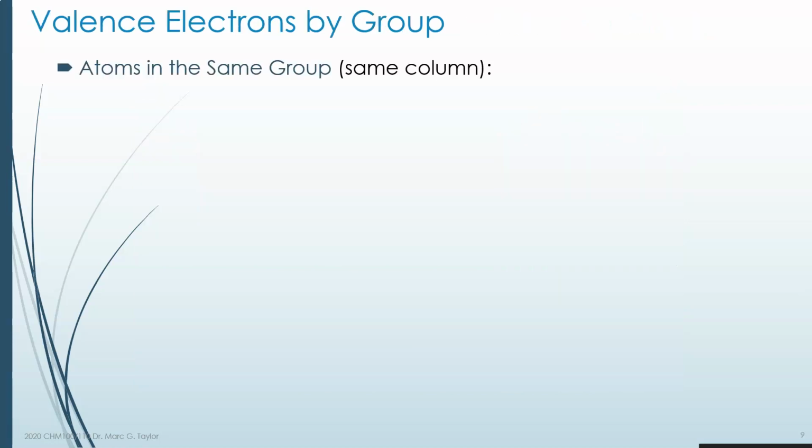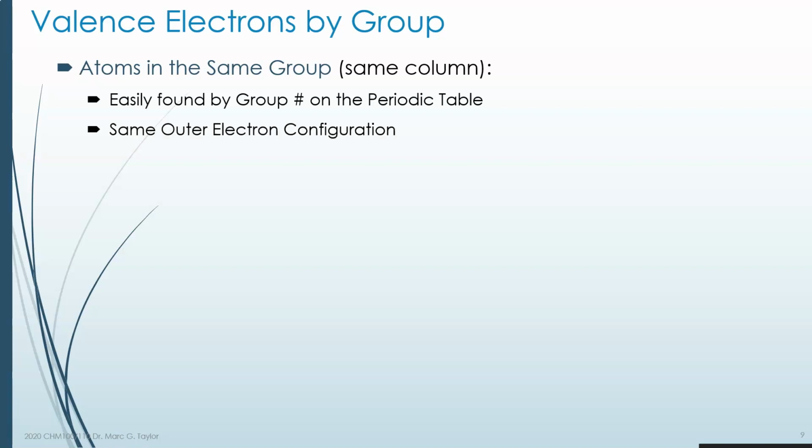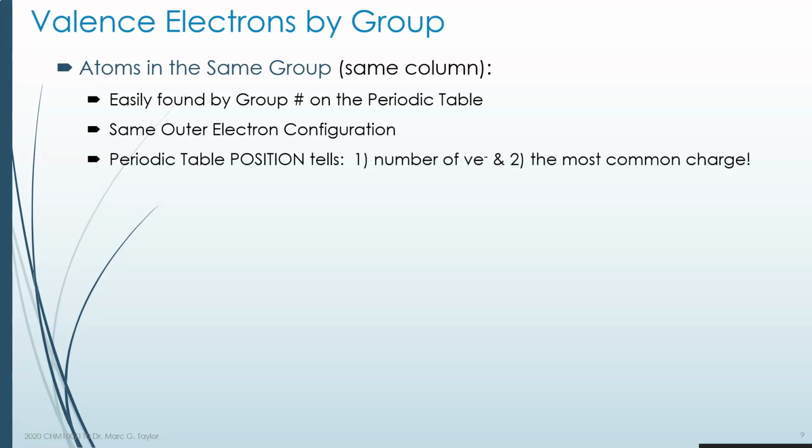Elements in the same group will have the same number of valence electrons. One column will be all one valence electron, another column will be all 2 valence electrons. So you can easily figure that out by looking at the group number on the periodic table. They're the same as the outer electron configuration: how many s's, how many p's, ignoring the d's and f's.